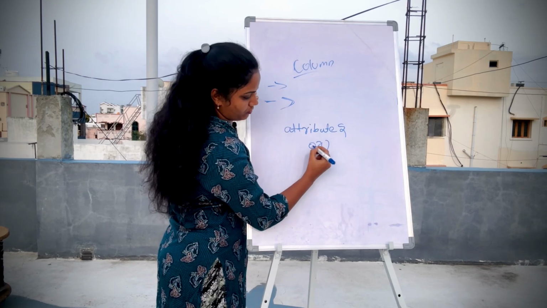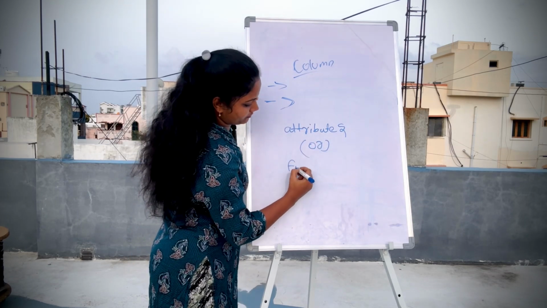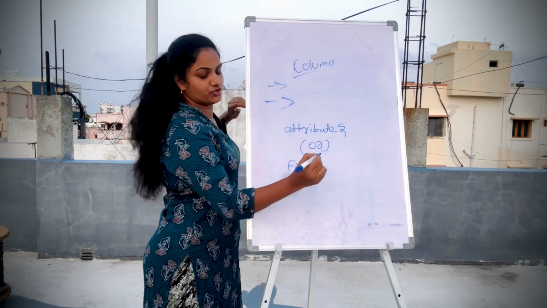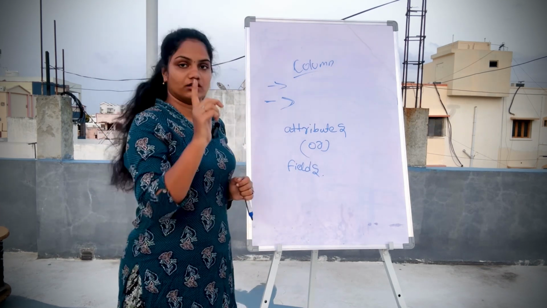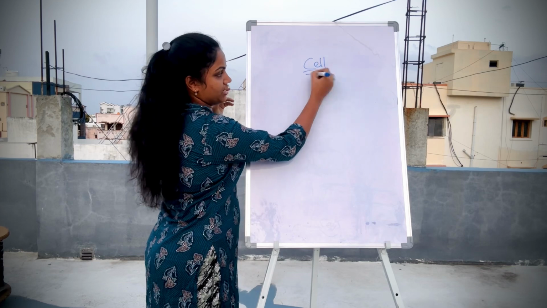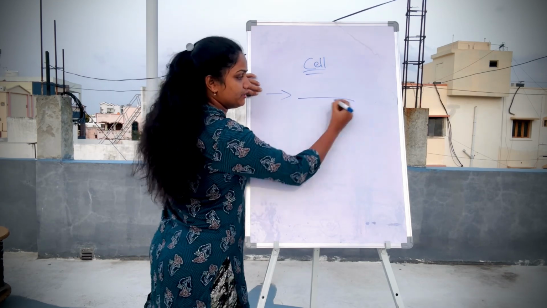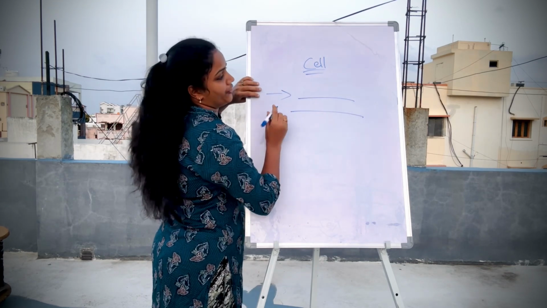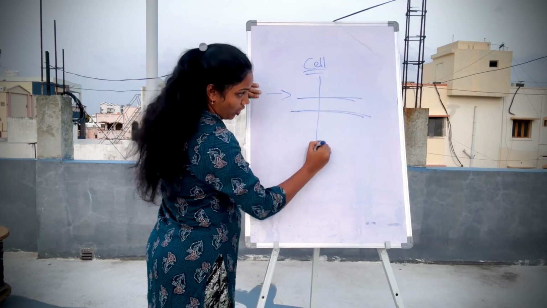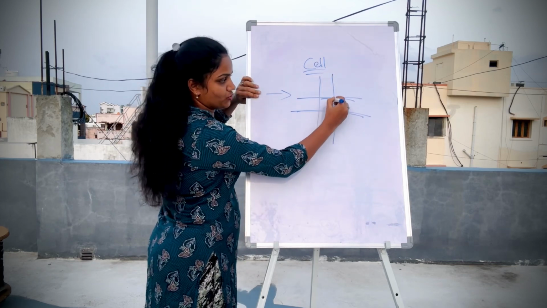Attributes or fields. Full stop. And keep a heading as cell, and below that write the intersection of rows as well as column is known as cell.